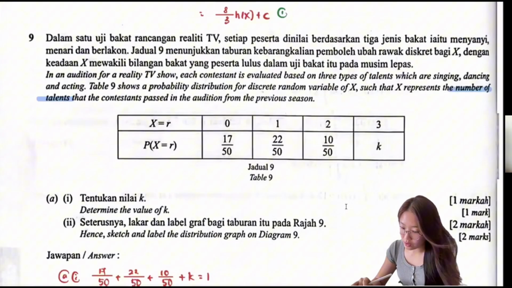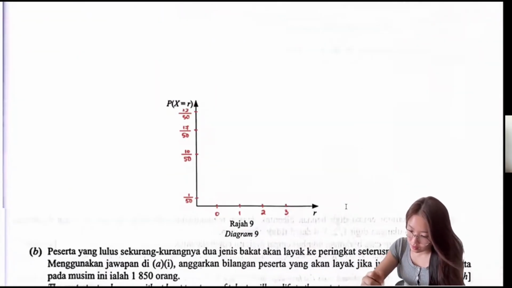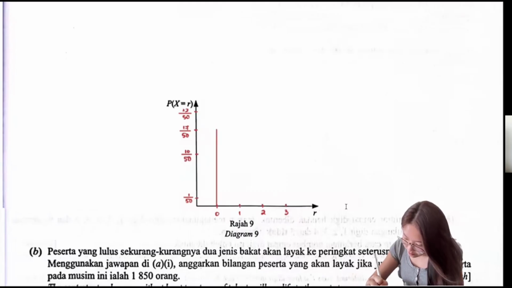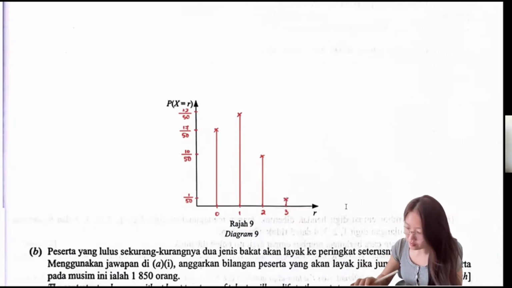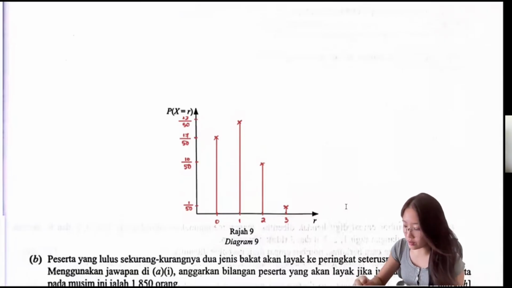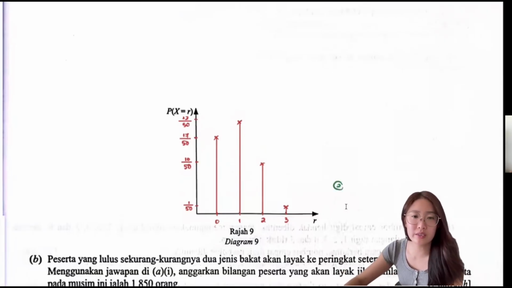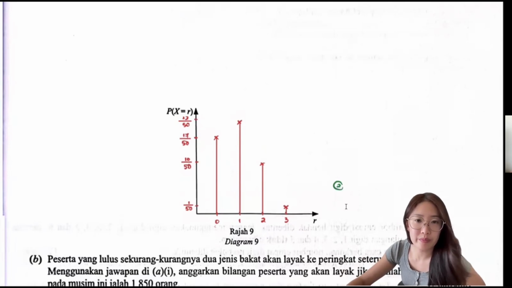So the first one is 17, 22, 10, and the last one is 1. Use pencil to draw, do not use pen. This is your answer. You get 2 marks here, with all the labels and all the lines being done correctly. Now next one, question B.